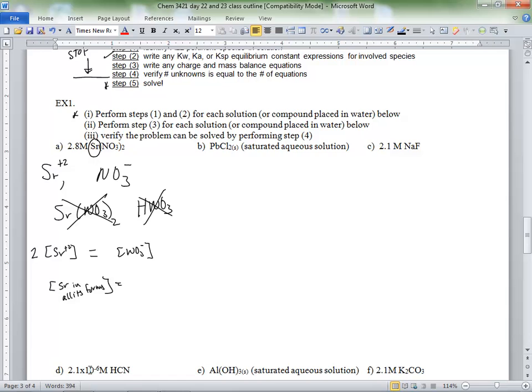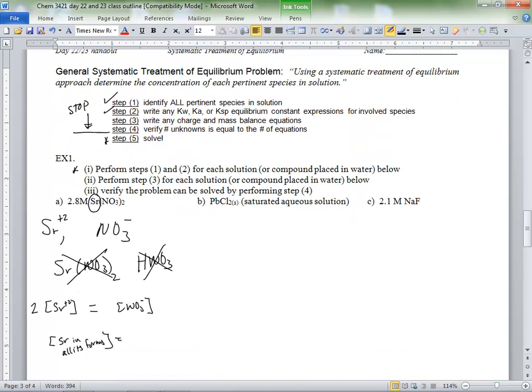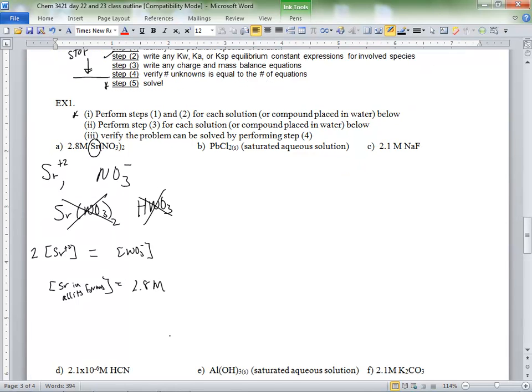Has to equal the 2.8. Good. Now looking at our list here, the strontium in all its forms is just Sr plus 2, right? So Sr plus 2, strontium 2 is 2.8 molar.